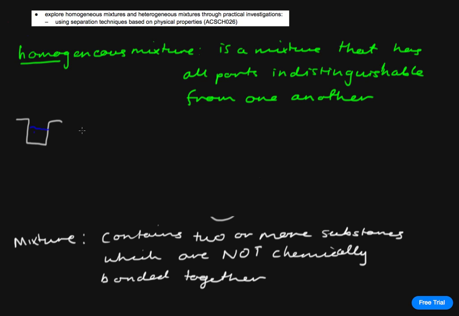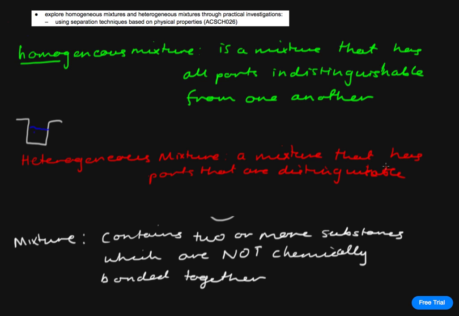And that's what makes it a homogeneous mixture, the fact that we can't point out one part that's different to another. So what we'll do now is look at what a heterogeneous mixture is. A heterogeneous mixture is just the opposite. It's a mixture that has parts that are distinguishable from other parts.